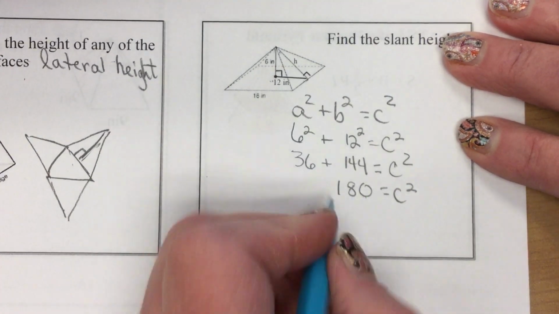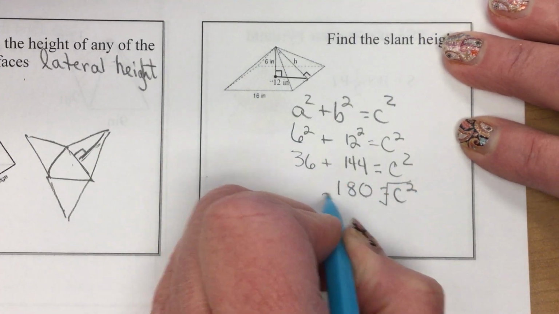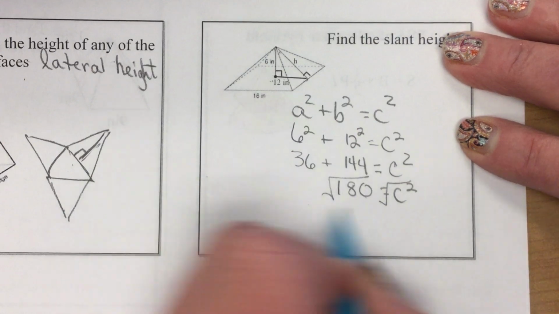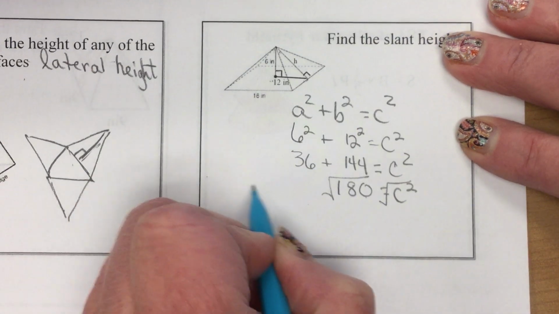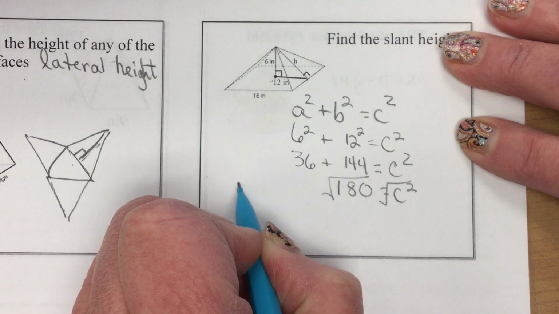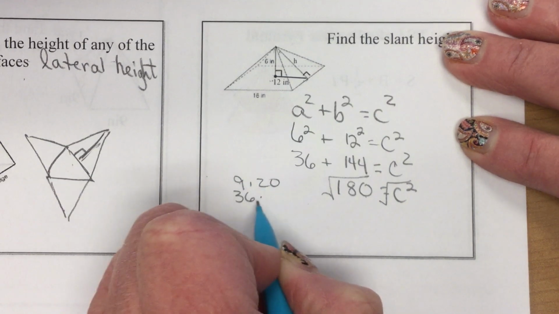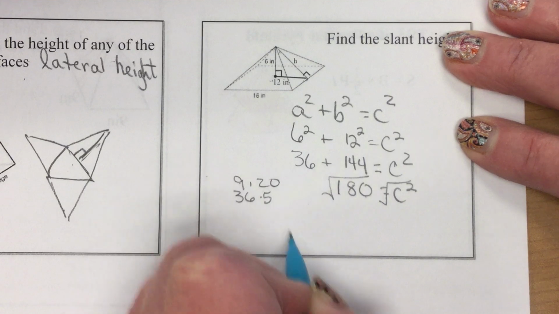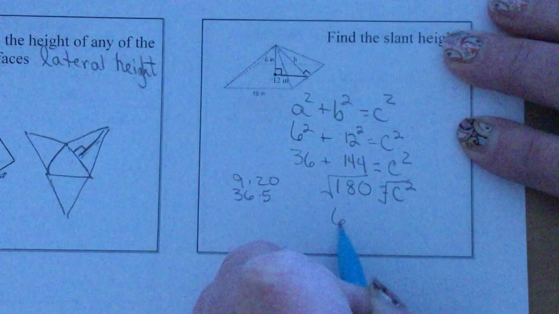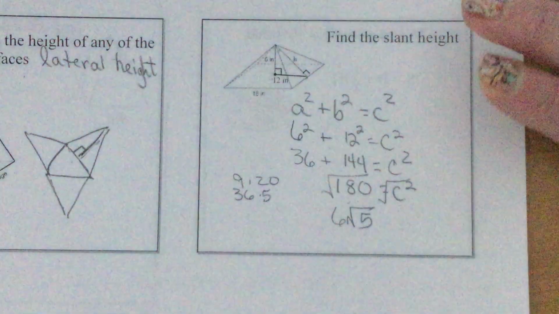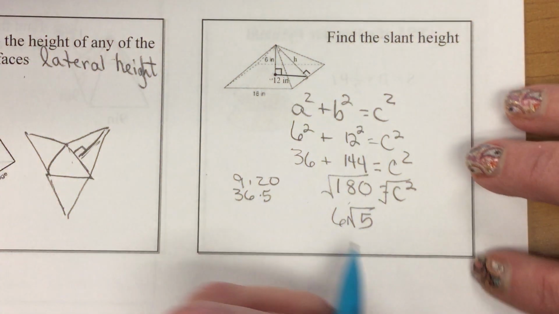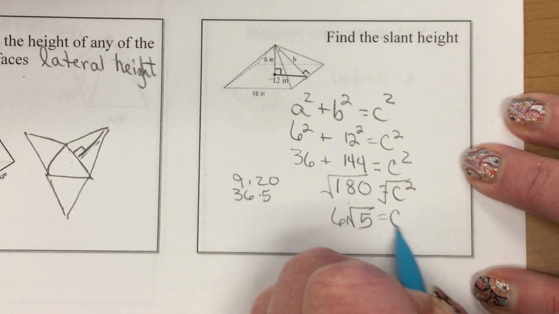We can root both sides. Remember doing that? 9 times 20, 36 times 5. So I get 6 root 5 equals c.